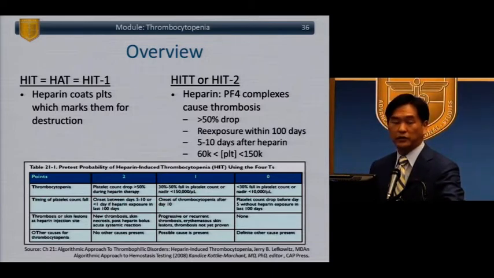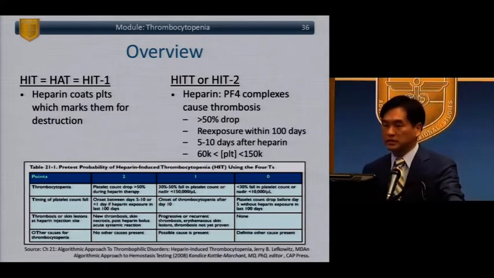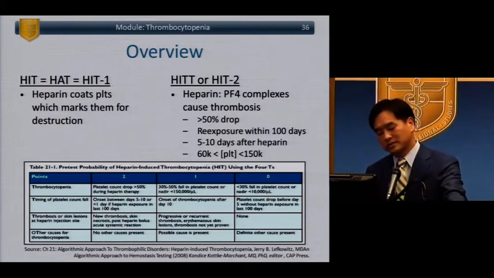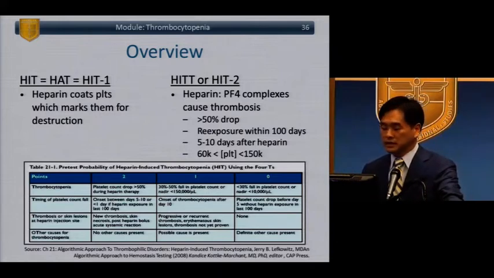If you have venous, definitely if you have arterial thrombosis, that patient is very, very likely to have HIT. Note that the fourth T is the T that's in the word other. It's not really a T, but it makes the test sound nice. Meaning if you have another reason for the patient to have thrombocytopenia, if they have a myeloproliferative disorder or something like that, then it gives you a point score.